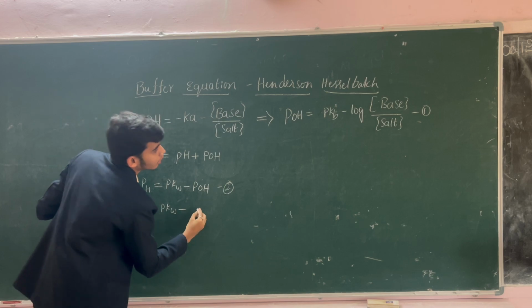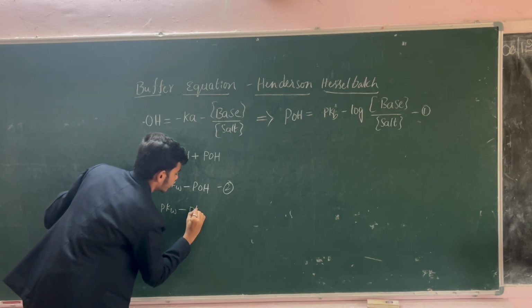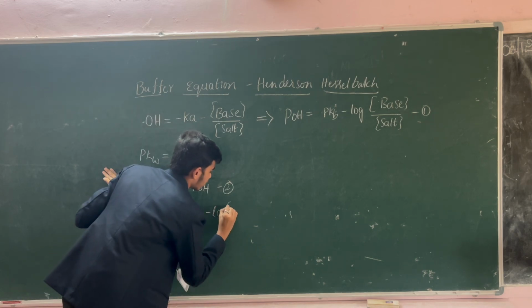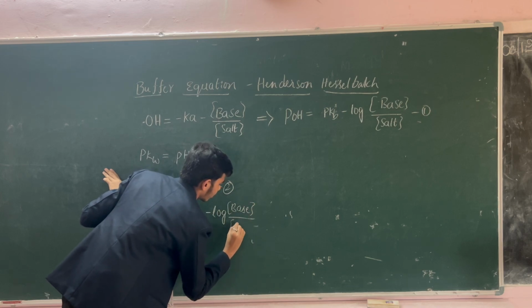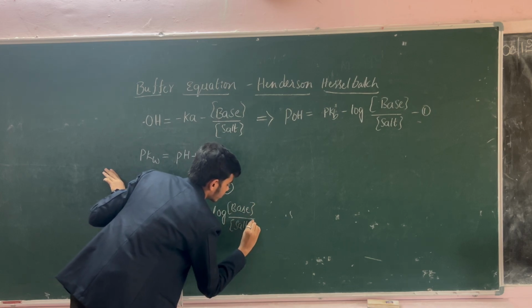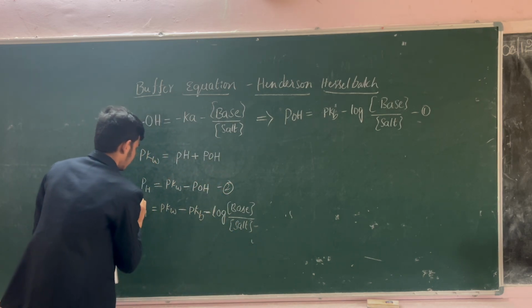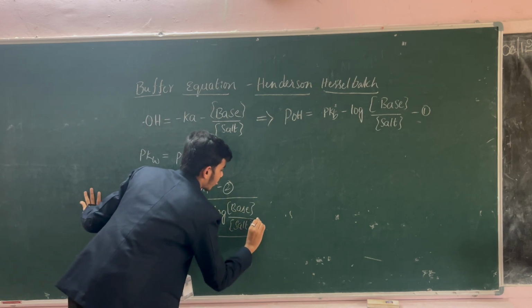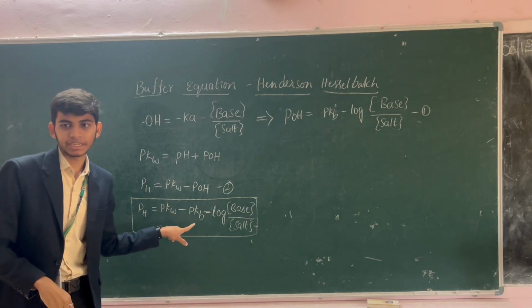We get pOH is equal to pKw minus pKb minus log base by salt. This is the other equation for pOH, which describes both pKw and pKb.